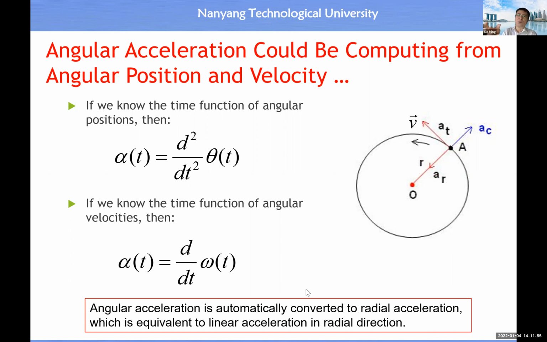For rotational motion, in the radial direction we can consider there is a centrifugal acceleration, and the centrifugal acceleration will produce a centrifugal force, which will act on the mass. Let's say, assume at the point A, we have a mass.